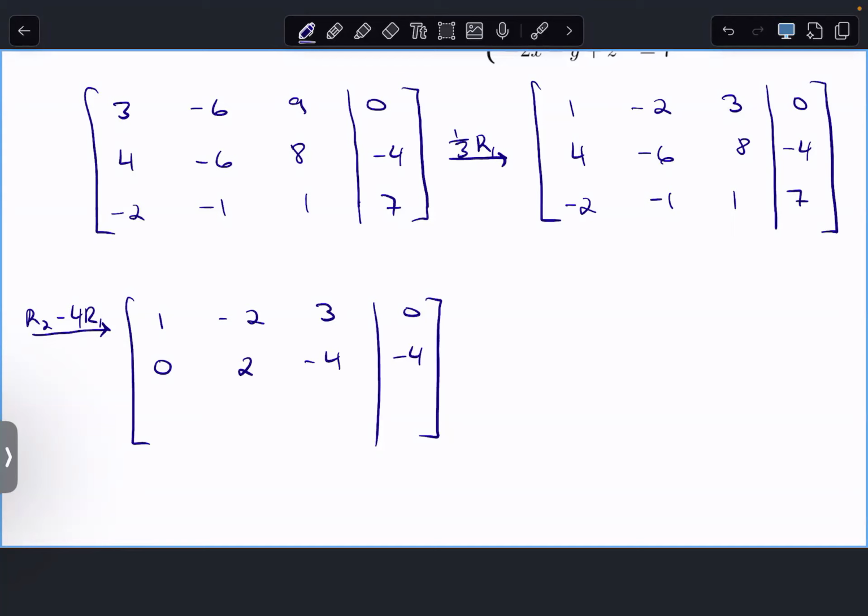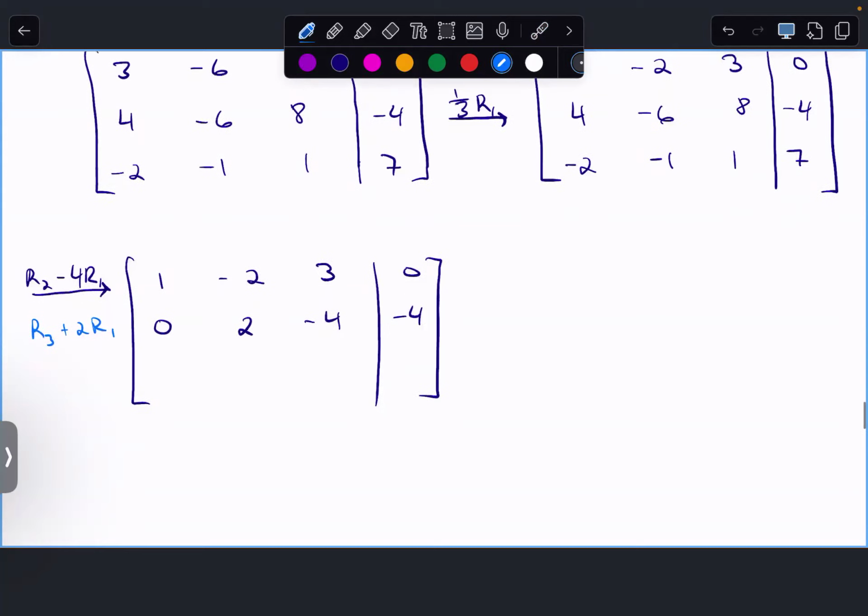You are allowed, instead of just writing out this unchanged row, because it doesn't hinge on what happened in row 2, you can also manipulate row 3. If that's what you're doing in one move, you're allowed to do something like this, row 3 plus 2 times row 1, just to save you a little bit of writing.